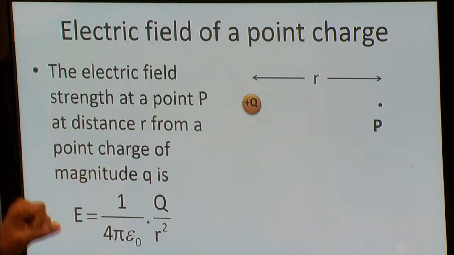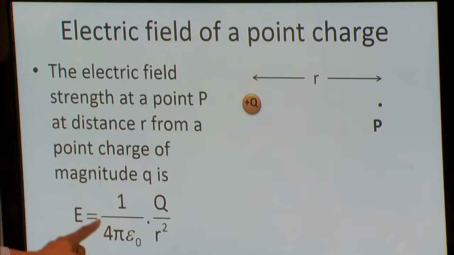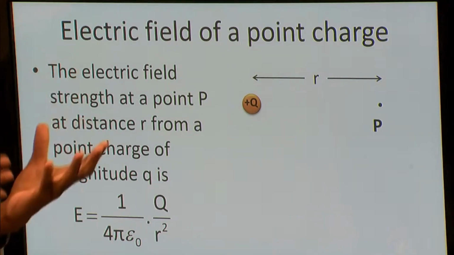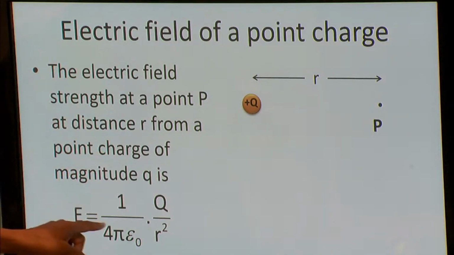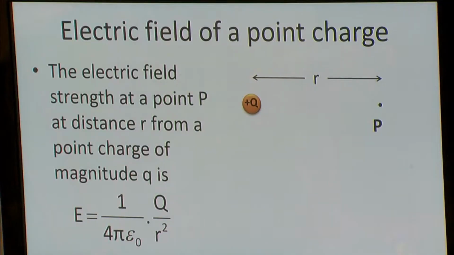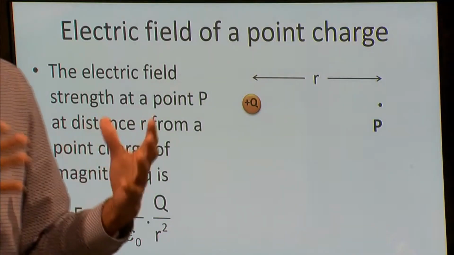Q, of course, is the charge, r is the distance, and the field is said to have spherical symmetry, and hence the 1 over 4 pi attends to that spherical symmetry. And epsilon 0 is a property of the material or the matter in the air.